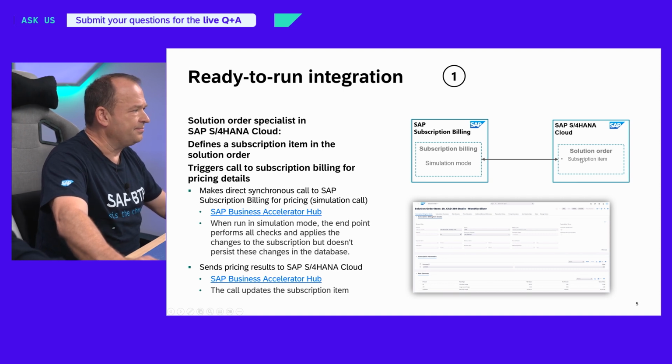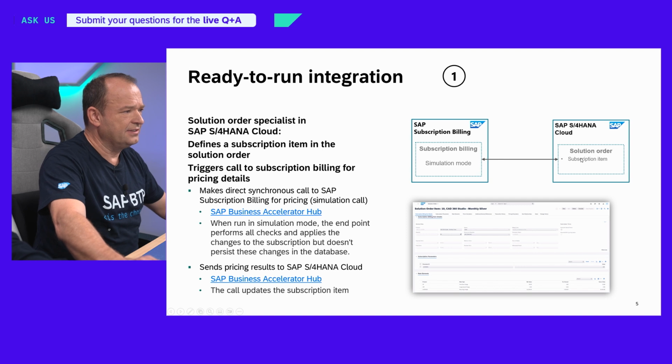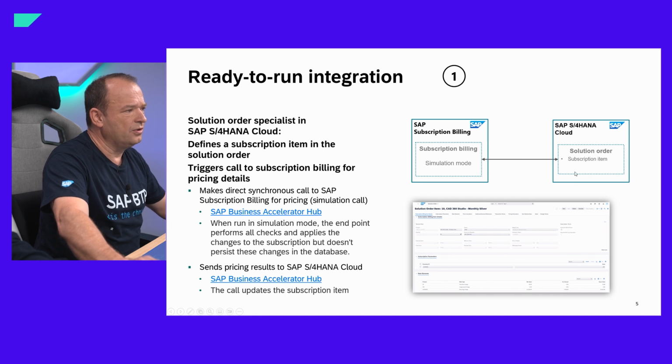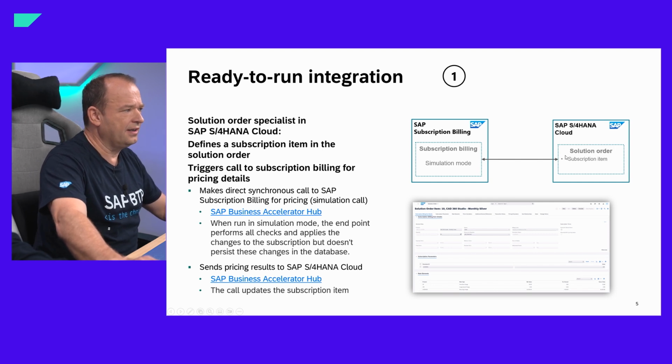And then we created all these pricing activities. And in reality, all the subscription is defined in subscription billing. So we do not have any logic, any knowledge in the solution order or in the SAP S/4HANA Cloud. All these things happen in the subscription billing.